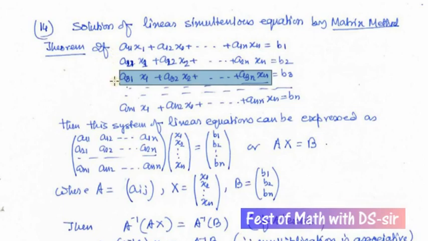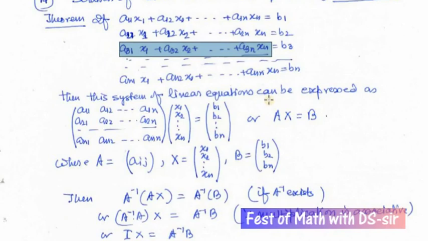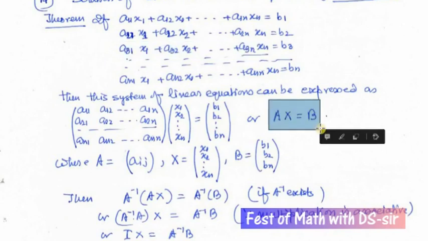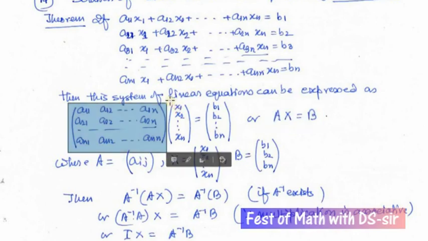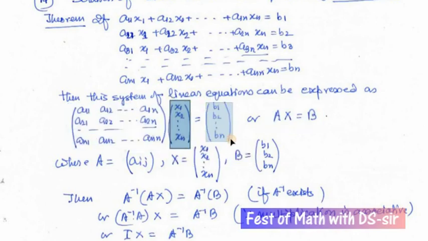So the column matrix looks like this. Just apply a bracket here and bracket here, and from equality of matrices that will give you these equations. Now we represent this equation as AX is equal to B, where A represents this matrix, X represents this matrix and B represents this matrix.